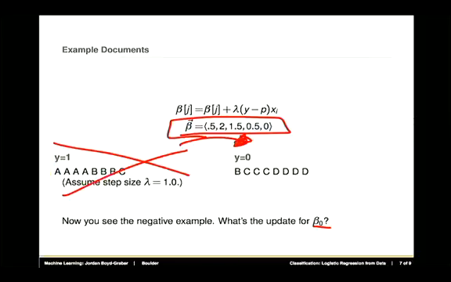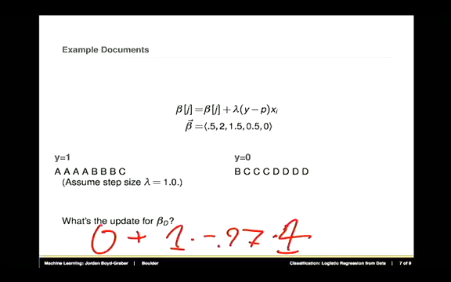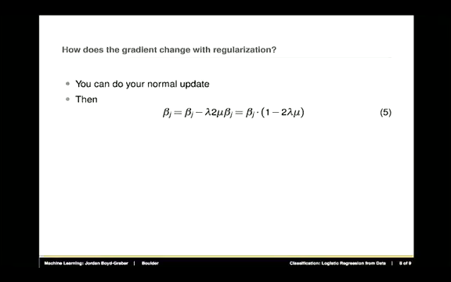Okay, so now let's talk about the regularized case. In the case of regularization, remember you're adding this term where you basically penalize the size of your beta squared. When you take the derivative of that, wait, why did I write plus? All right, so minus.